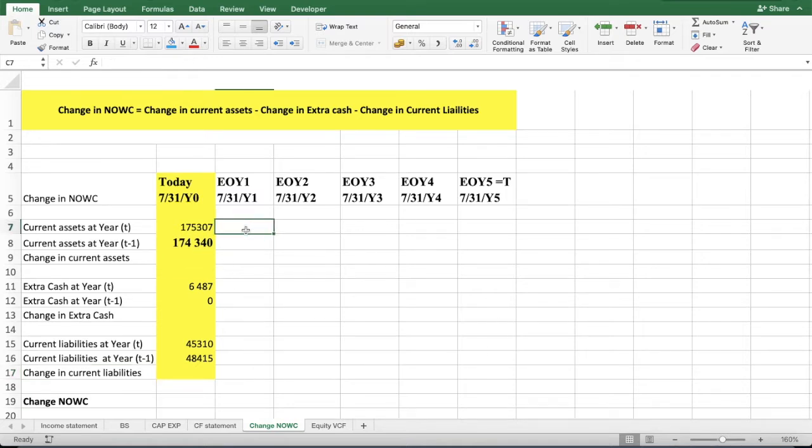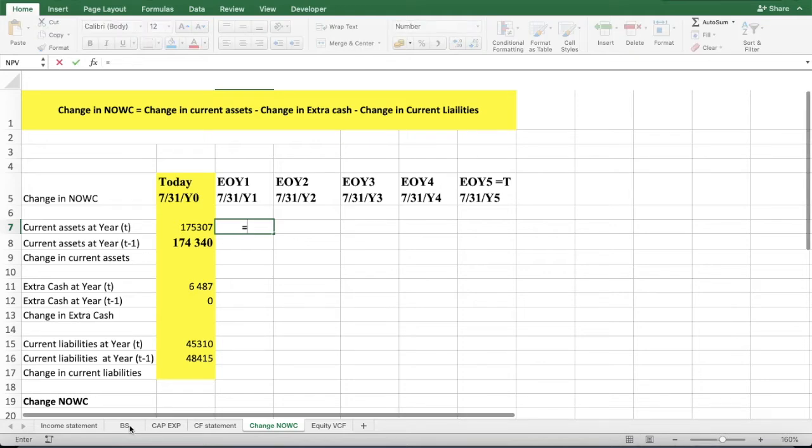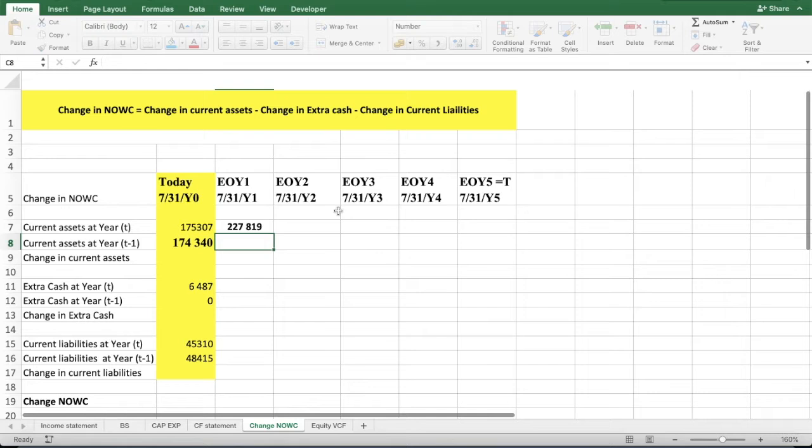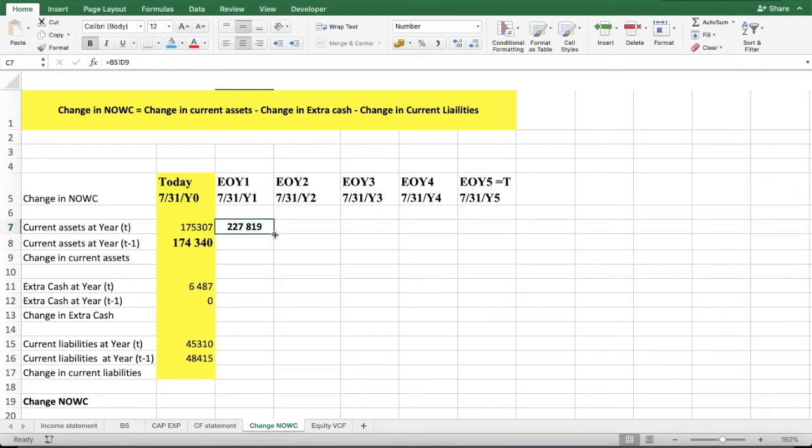So current assets for year one, so equal. We'll go to the balance sheet, and this is total current assets of year one. Then scroll to the right-hand side until year 5. Now for year T minus 1, I just have to lag by one year.